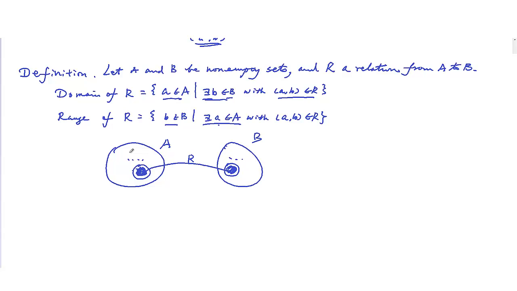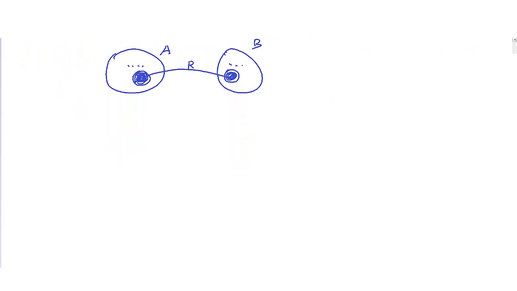Not every point in A is in the domain, and not every point in B is in the range. It must be the points that are related that form the domain and range. That's why in the domain we say there is a b in B, and here there is an a in A. Let's look at an example here.